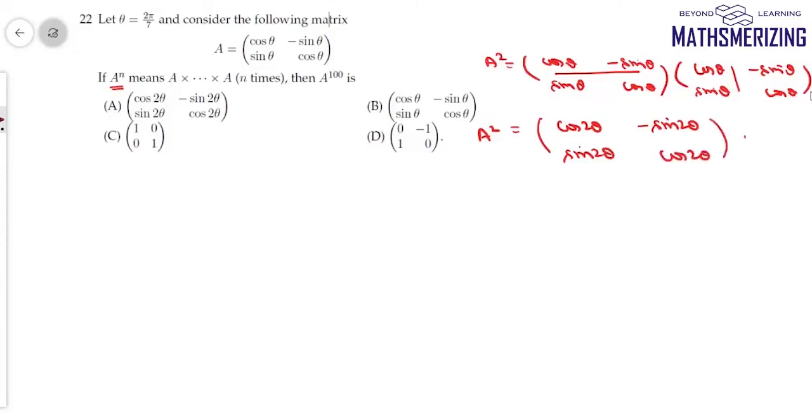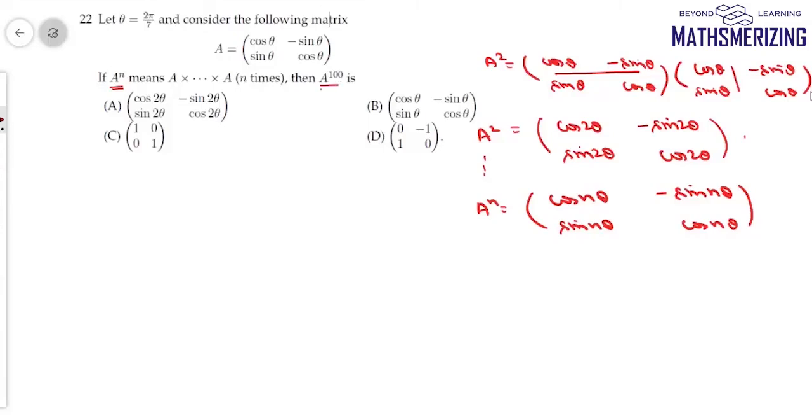In the same way, if I calculate A cube, I'll get cos 3 theta, minus sin 3 theta, sin 3 theta and cos 3 theta. So I can simply write A to the power n as cos n theta, minus sin n theta, and here will be sin n theta and then cos n theta. We can verify the result using the principle of mathematical induction also.